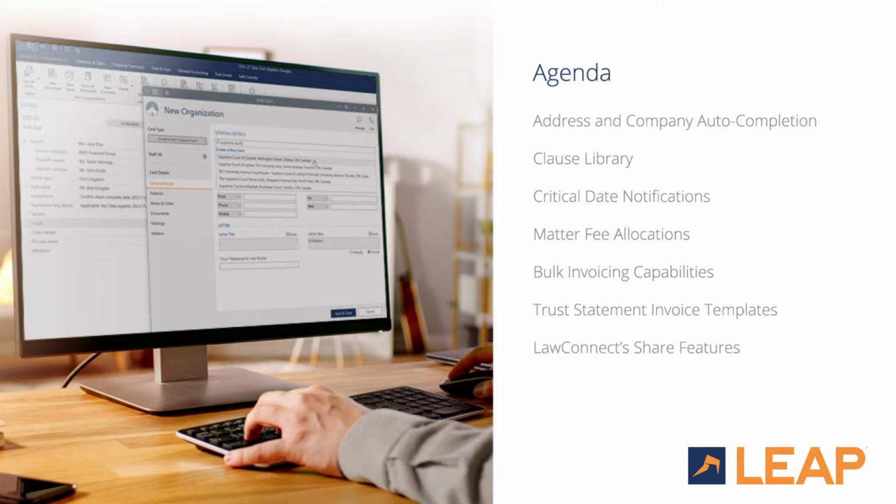Set allocations for all invoices on a matter with the new fee allocation tool. We have improved LEAP's bulk invoicing capabilities and added an option to attach a trust statement to your invoice templates. Finally, we will explore LawConnect's updated share features. You will find the full list of the version 2.3 features on our community page. So let's get started.